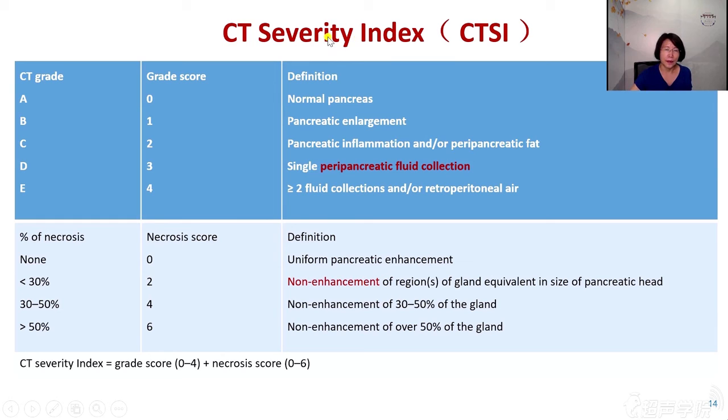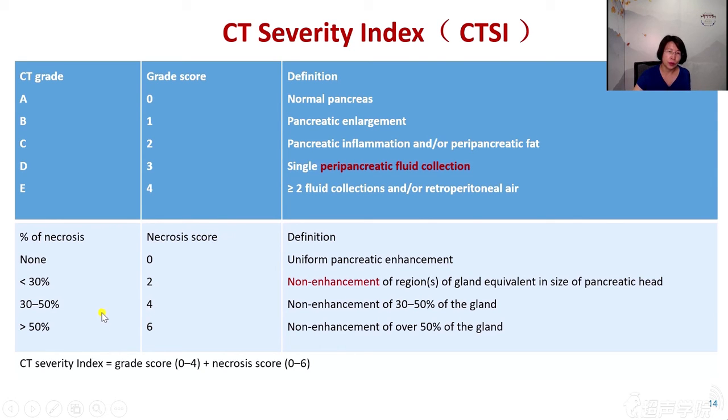The SI is composed of 2 parts. One part is CT grade or ultrasound grade. According to the number or the scale of peripancreatic fluid collection, the grade score is 4 points. The second part is the necrosis score. According to the percentage of the necrosis, the necrosis score is 6 points. The total point of the severity index is 10 points.